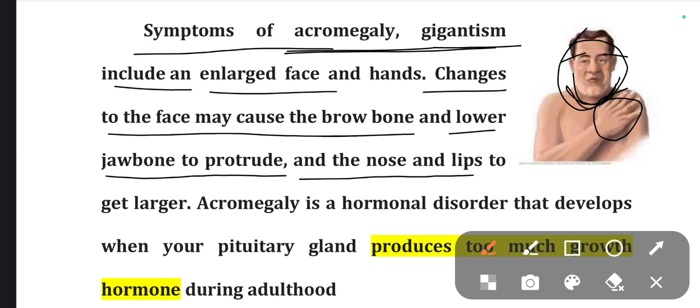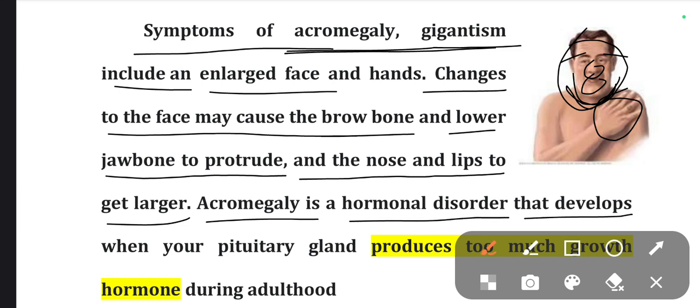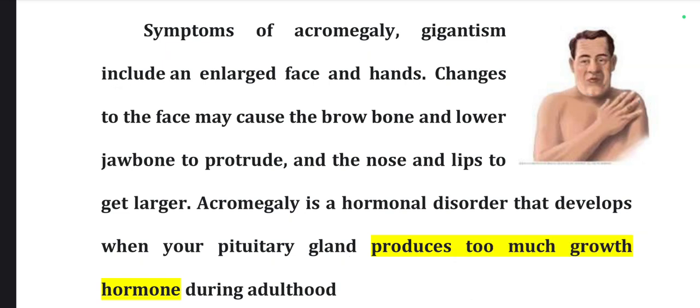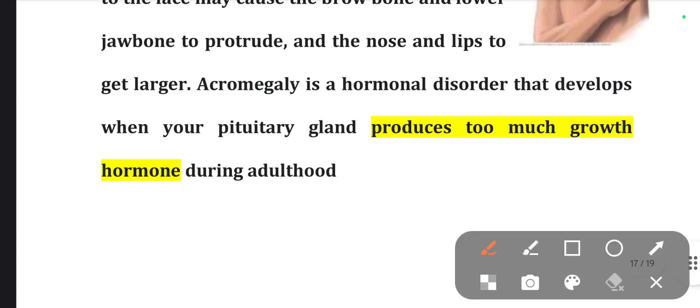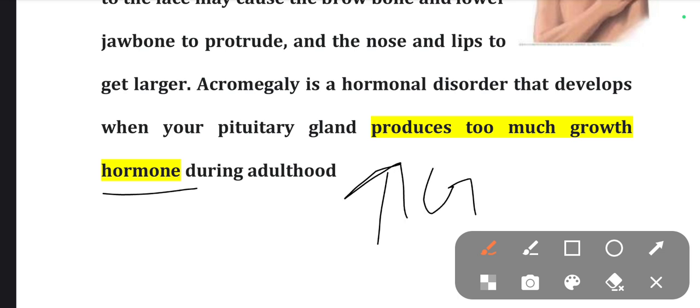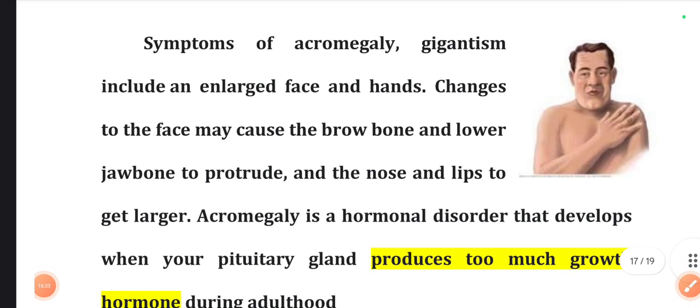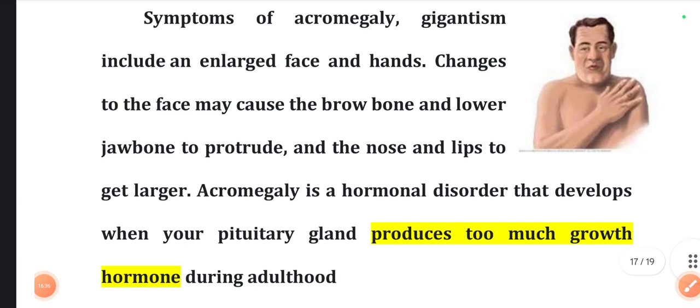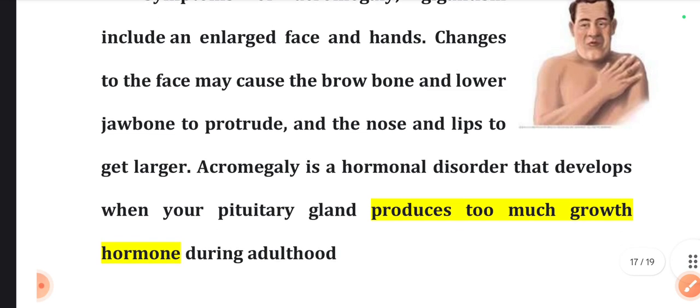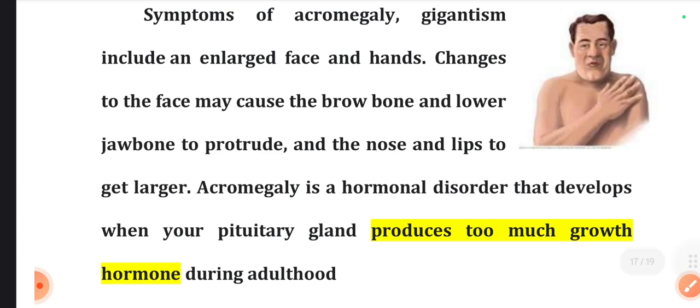And the nose and lips get larger. Big nose and big lips. Acromegaly is a hormonal disorder that develops when your pituitary gland produces too much growth hormone. So increasing of growth hormone leads to gigantism. This condition is due to a defect in the pituitary gland, that is, the excessive production of growth hormone.